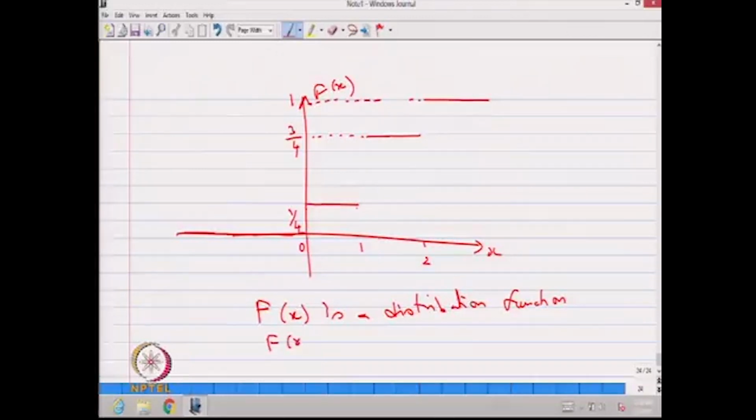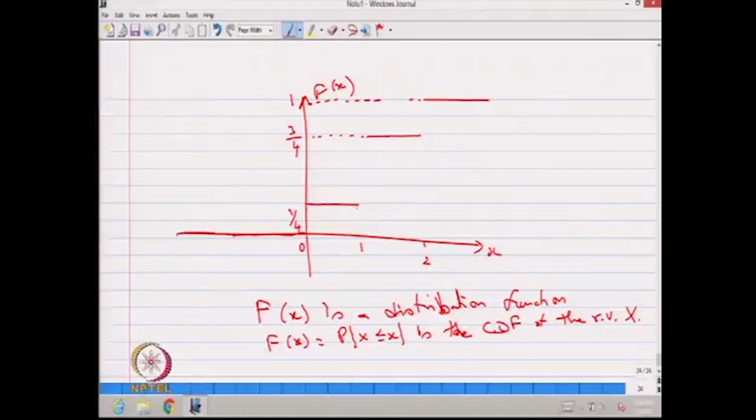The way we define the distribution function is through P of X less than or equal to x. Therefore, this is the CDF of the random variable capital X. It satisfies all the 4 conditions, including being a right continuous function. Therefore, this distribution function is the cumulative distribution function of the random variable X.